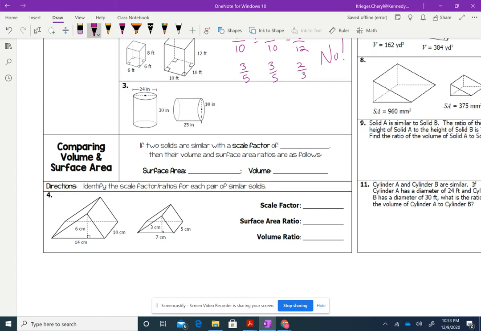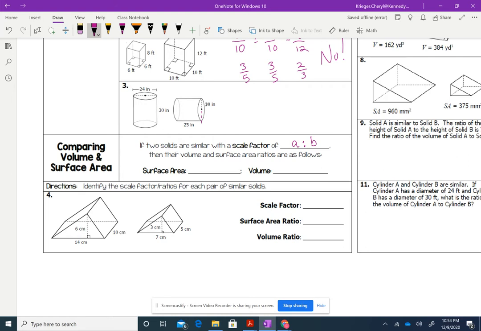Okay, so if we're comparing volume and surface area, you can actually figure out if they are similar using this as well. It says if two solids are similar with a scale factor of A to B, right? That's what we just did. We wrote our scale factor in A to B form.